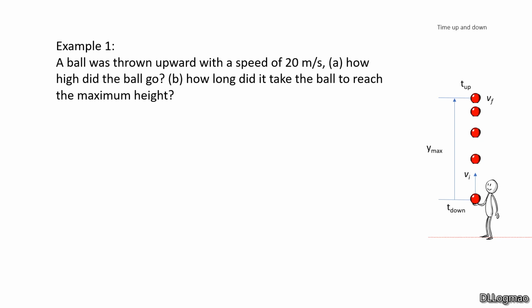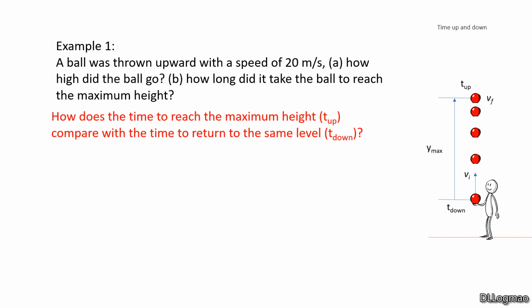let's analyze the motion of a freely falling body and provide the answers to some misconceptions that may exist. How does the time to reach the maximum height, t sub up, compare with the time to return to the same level, t sub down?